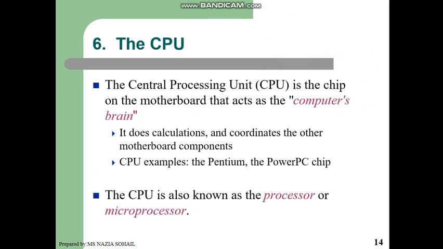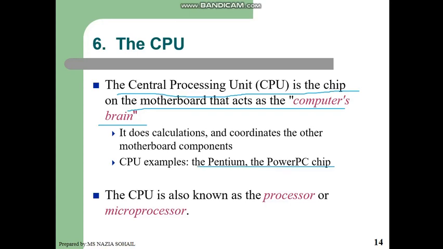The CPU, Central Processing Unit, is the chip on the motherboard. It acts like a computer's brain, like a human brain in a body. It does calculation and coordinates the other motherboard components. CPU examples are the Pentium and the PowerPC chip.